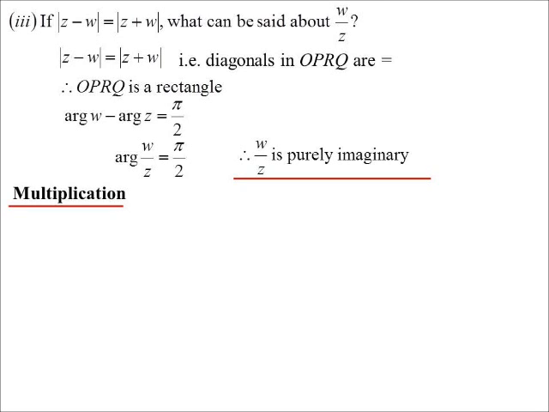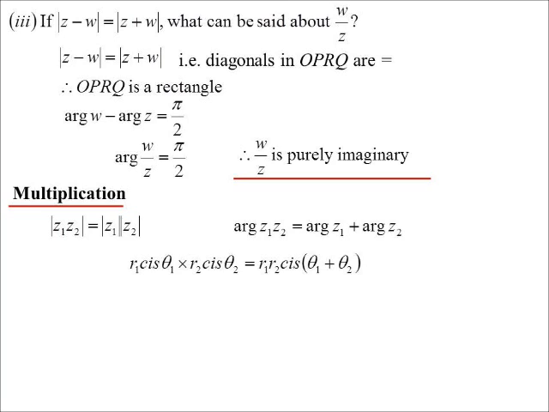Okay, well, what about multiplication then? We saw a bit of that idea before. Remember, playing again with the rules, the modulus of Z1 Z2 is the same as mod Z1 times mod Z2, and when it came to the arguments, we add the arguments. So if I go into r cis theta form, the argument of the new one is θ1 plus θ2, and that's where we get this idea of rotating the vector.